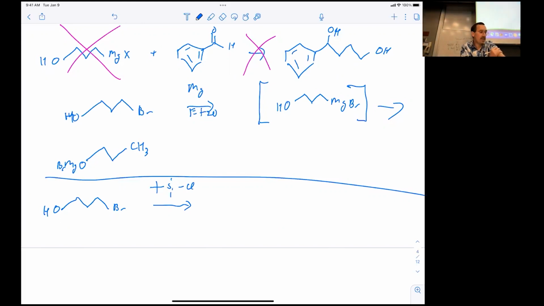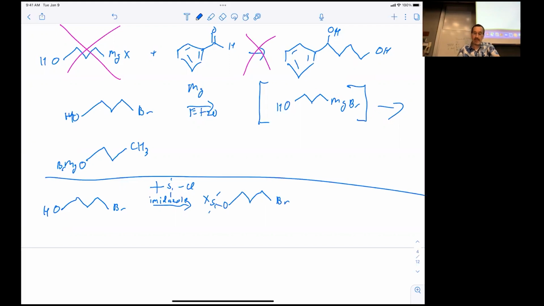So tert-butyl dimethyl silyl chloride, in the presence of a base, and the one that is invariably used is imidazole, you generate the corresponding TBDMS ether, tert-butyl dimethyl silyl ether.